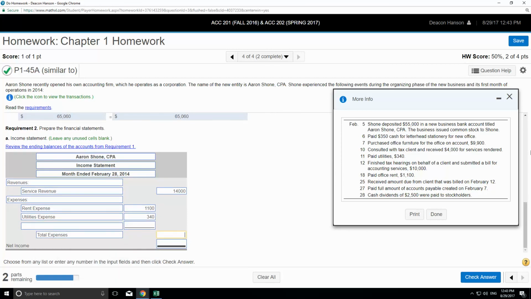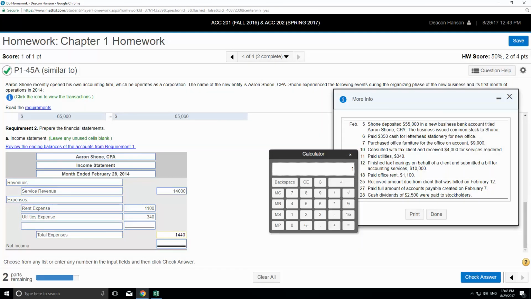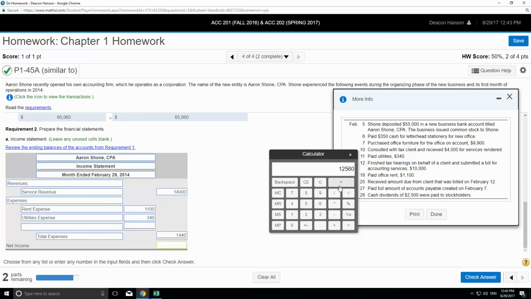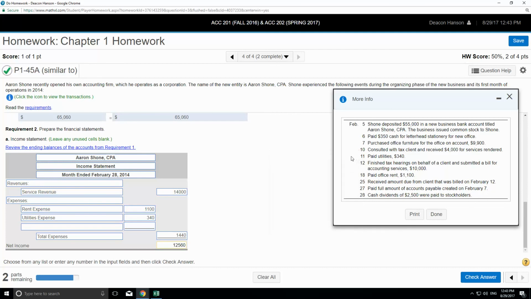So 1,440. If I take my revenue and subtract my expenses, I'll have my net income: 12,560. So that's why we do that. We keep all of those transactions in accounts, so we have the account balances so we can make the financial statements.